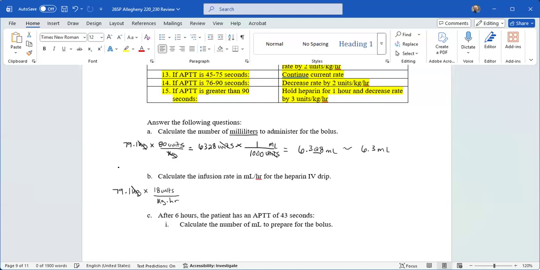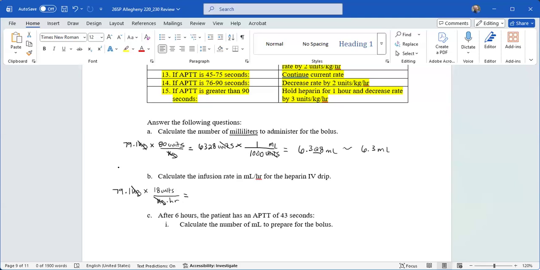So what I'm going to do is eliminate kilograms. And then when I do this, I'm going to get units per hour. And units per hour is what you saw in the previous infusion questions. And all we're doing is converting, after we account for the patient's weight, units per hour to milliliters per hour.